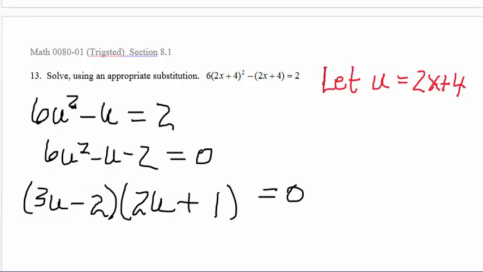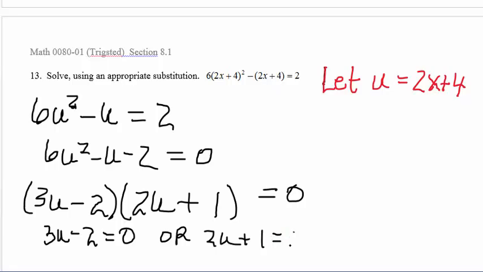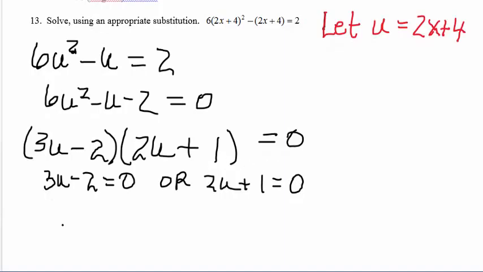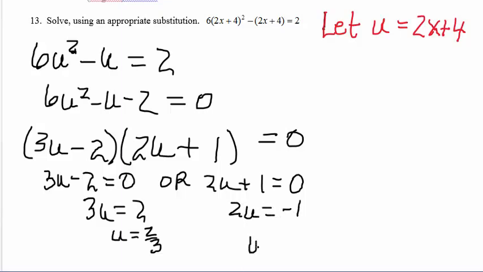And if you check that, try using the distributive property twice and check that. 3u minus 2 equals 0, or 2u plus 1 equals 0. 3u equals 2. U is 2/3. Or 2u equals minus 1. U equals minus 1/2.